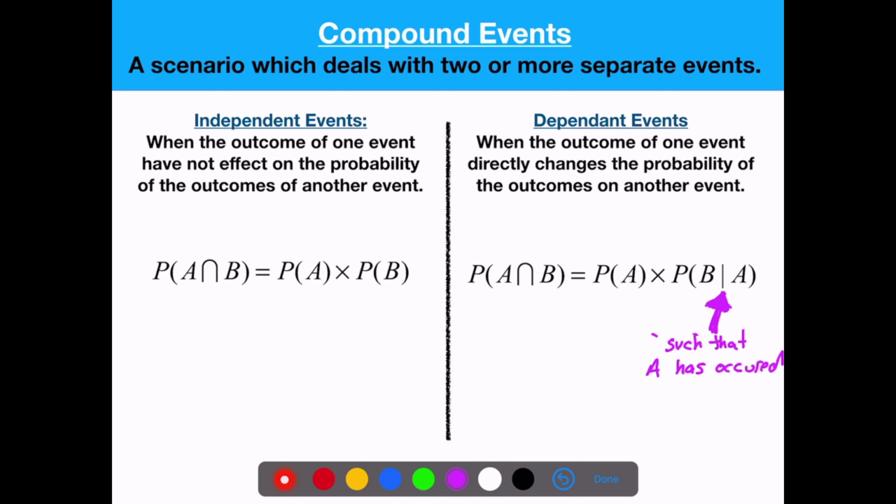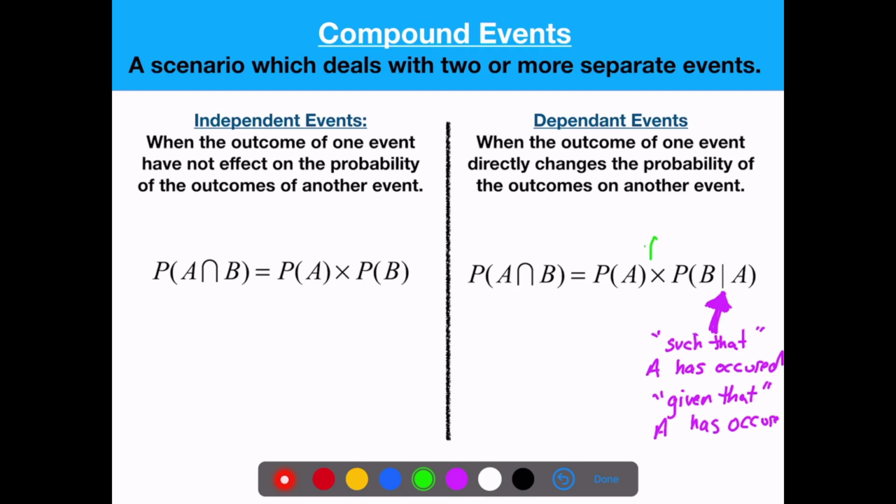Or instead of such that, you may hear given that. So given that A has occurred. Either way is a fine way to read that, okay? But basically it's saying that after A, what's the probability that B happens, okay? That's the only difference between these two formulas.